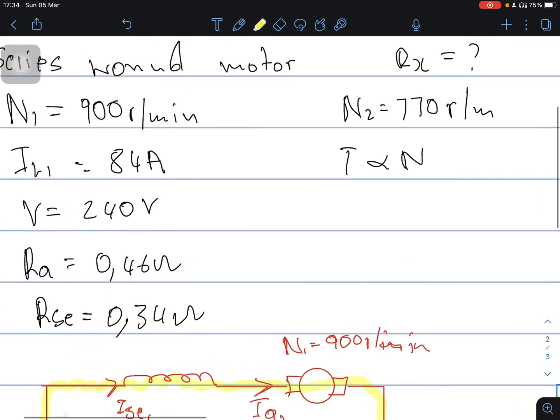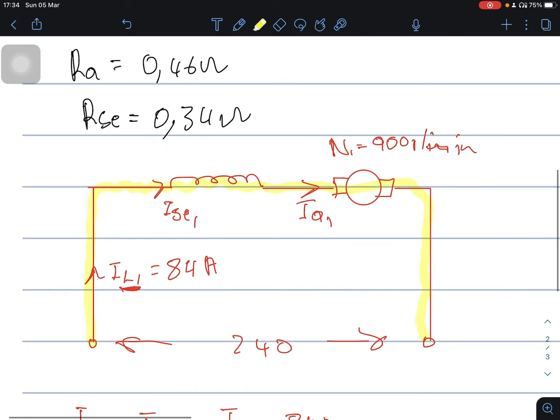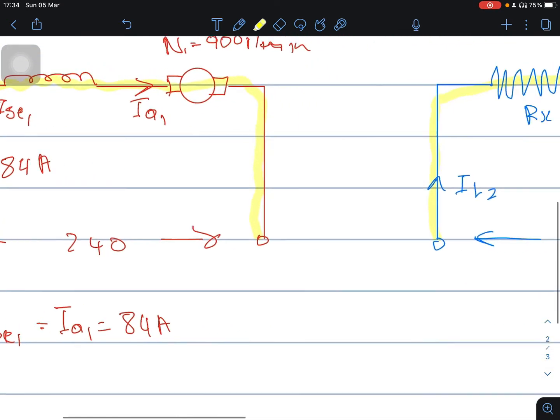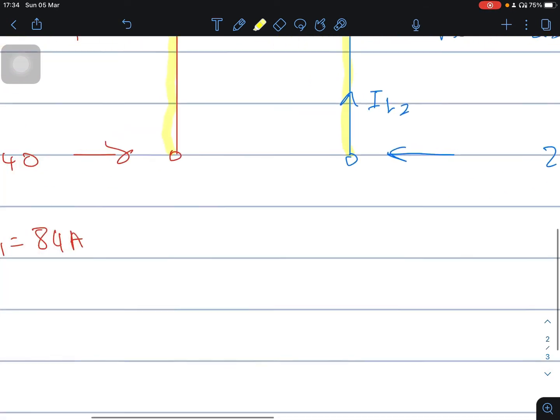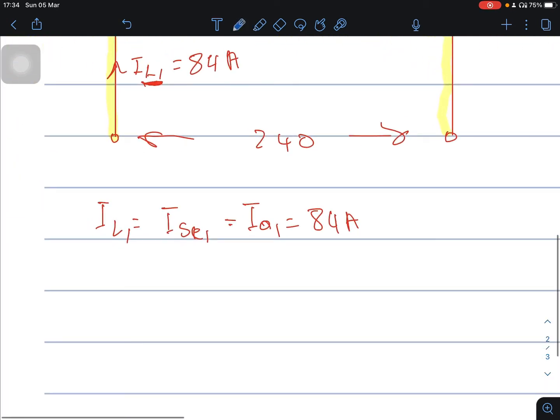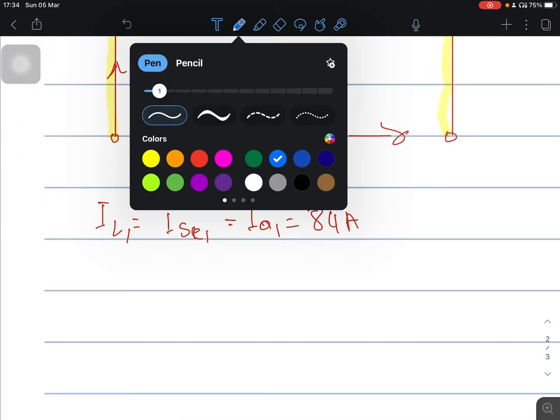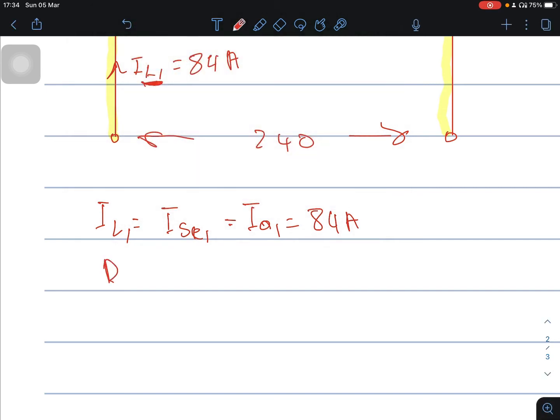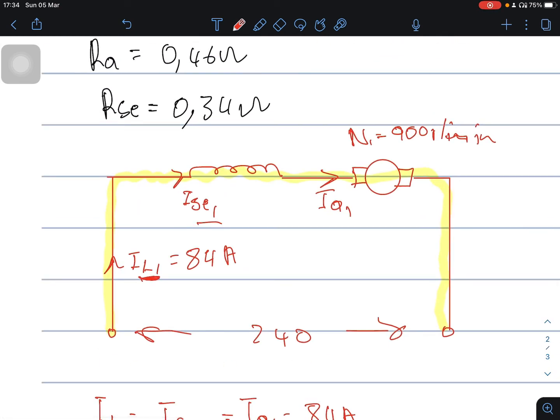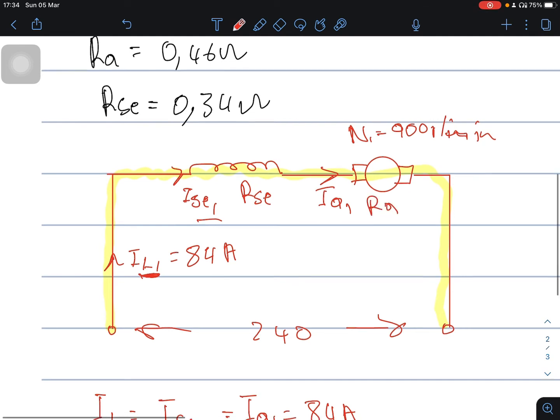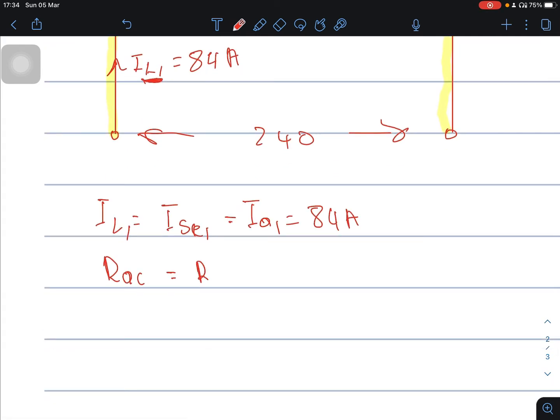The difference between the first circuit and the second circuit is the RAC. On the first circuit, there are only two resistances, R series and R armature, so RAC1 is equal to R series plus R armature.